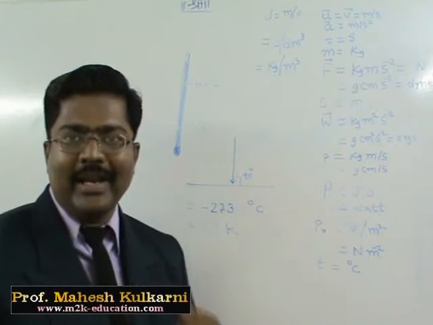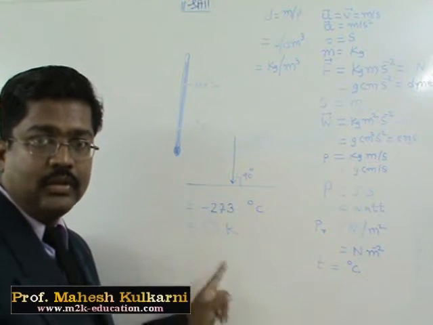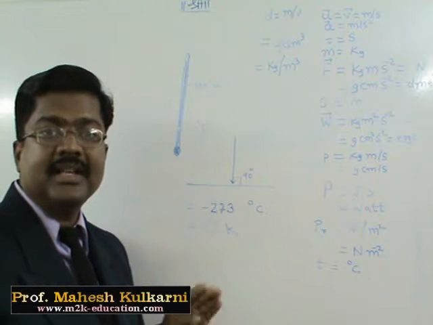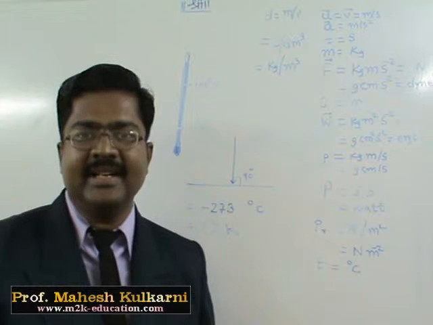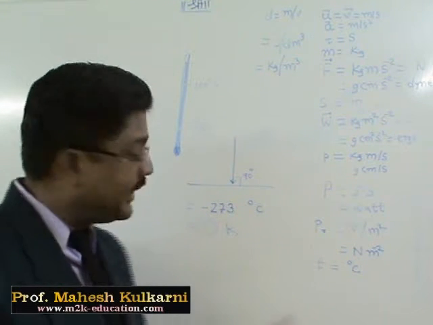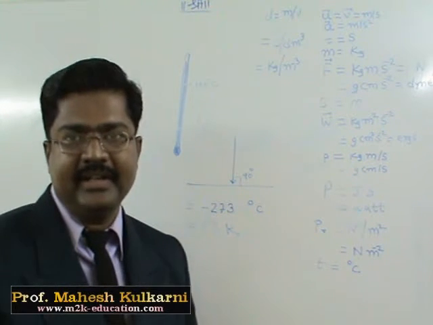Don't read it as OK. This is 0 Kelvin. This is called absolute temperature. This temperature scale never goes negative. So suppose anybody reports to you that the temperature is minus 10 Kelvin, that is wrong. The minimum possible temperature is 0 Kelvin, which is equal to minus 273 degrees Celsius.